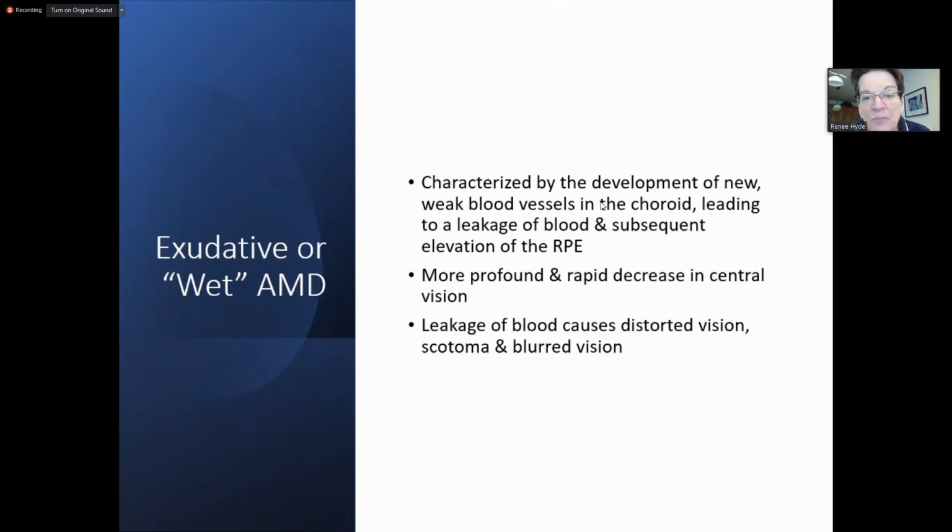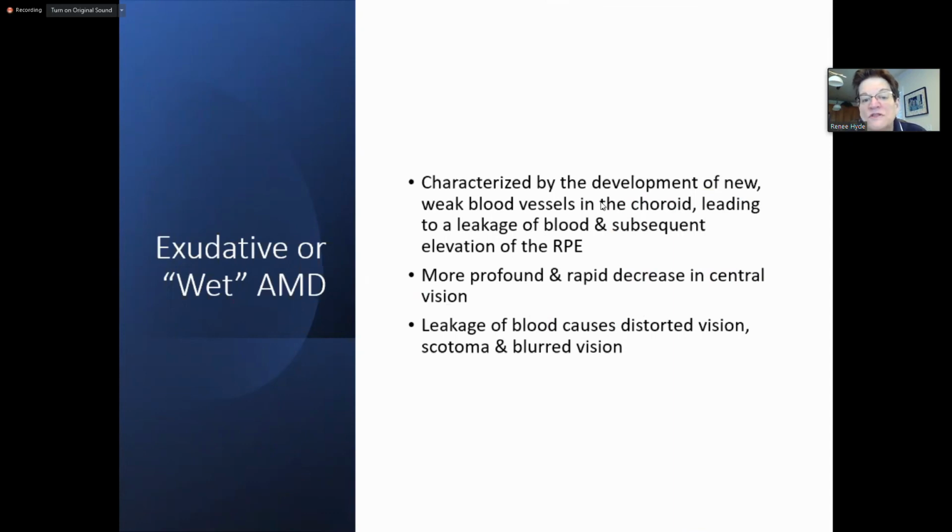So it separates or detaches the retina. With that wet type, there's a more profound and rapid decrease in central vision. It causes distorted vision, scotoma, and blurred vision.